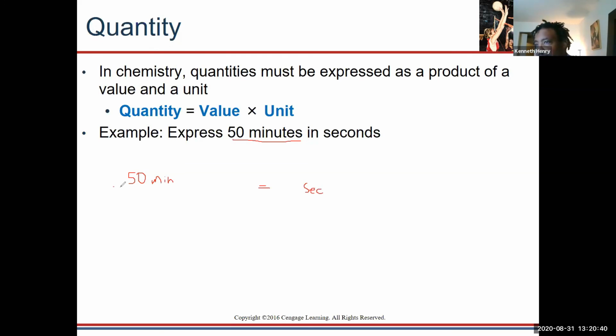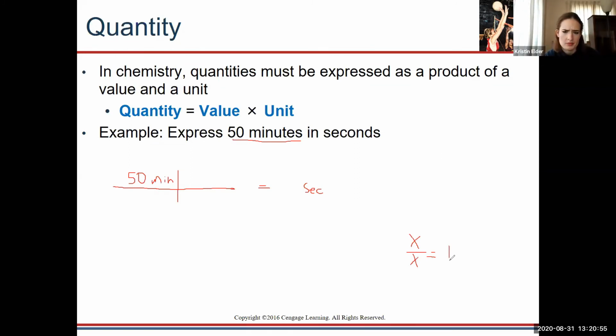So what I would do is set up a nice little table. Let me ask you this: if I have x over x, what does that equal? 1. What about x squared over x squared? Still 1, right? Regardless of what I put, if I have that number over itself, it's always going to be 1.